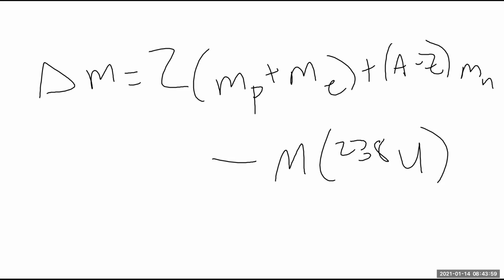Again, rounding issues. And then I divided that by 238. Did I need that 0.0507 of this division? No? For that one. Okay, I don't think so. And then I got 7.5694 BE per nucleon.